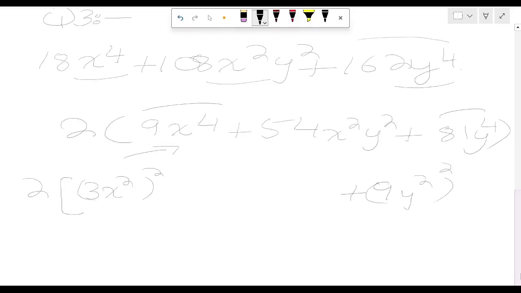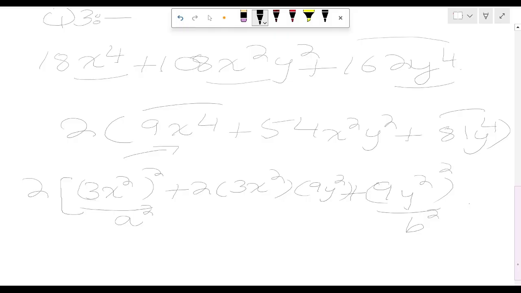Now, if you focus a bit, you will see that we have a here and we have b here. But this is not a and b, this is a square and this is b square. So we need to find plus 2ab. What will be 2ab of these both? It will be plus 2 bracket 3x square and then 9y square. So this is the expanded form.